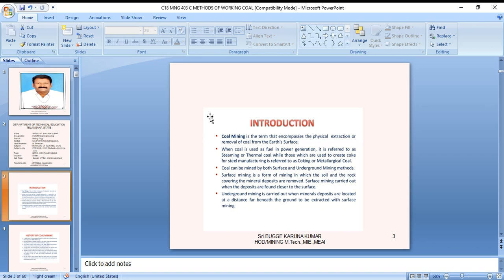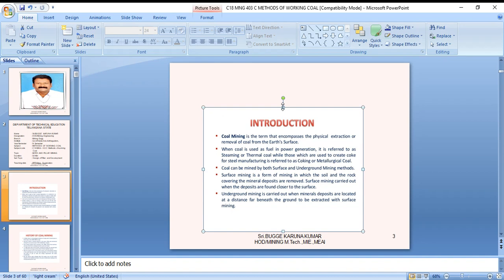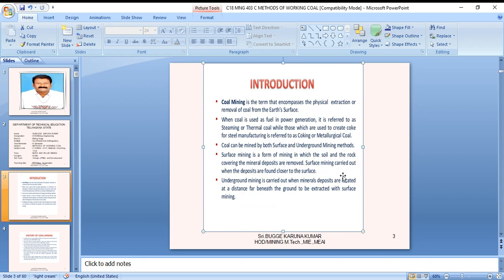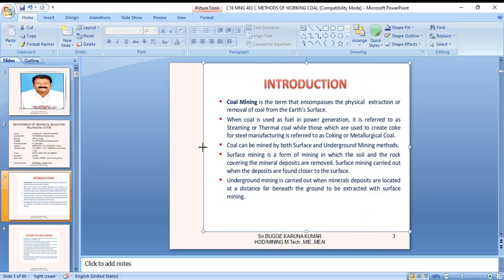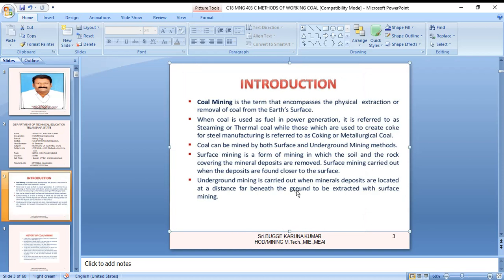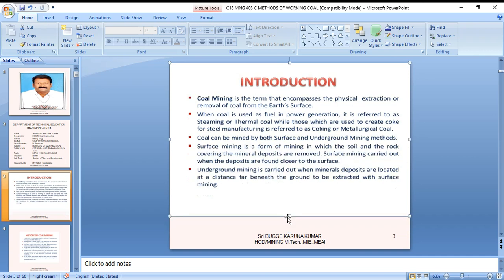Surface mining is carried out when the deposits are found closer to the surface. Underground mining is carried out when the deposits are located beneath the ground. Most underground coal mines exist due to land acquisition problems, even where shallow depth is available. Most deep mining also uses pillars for extraction.